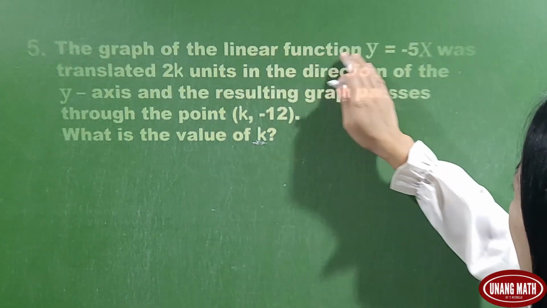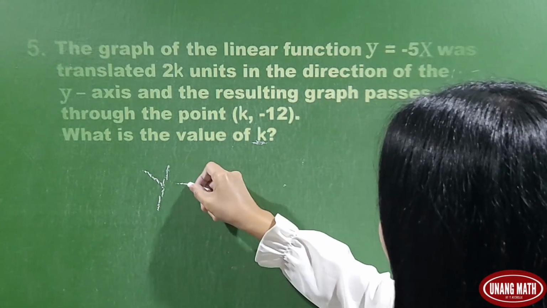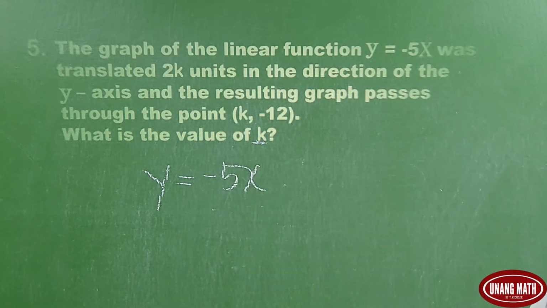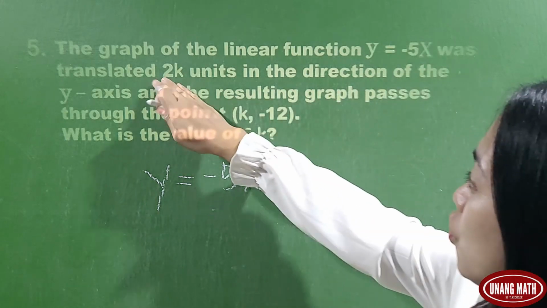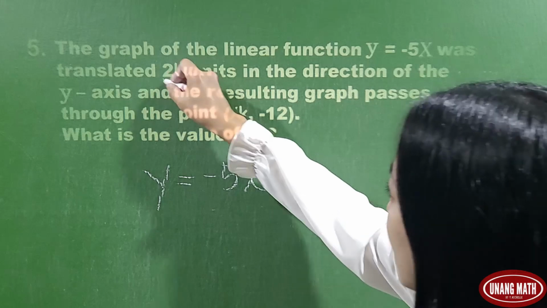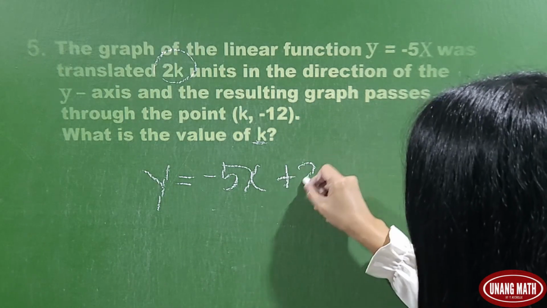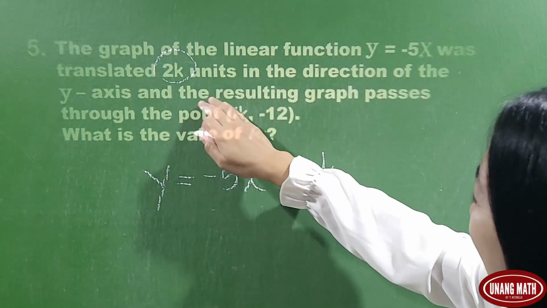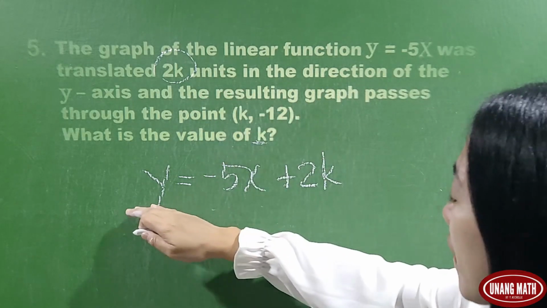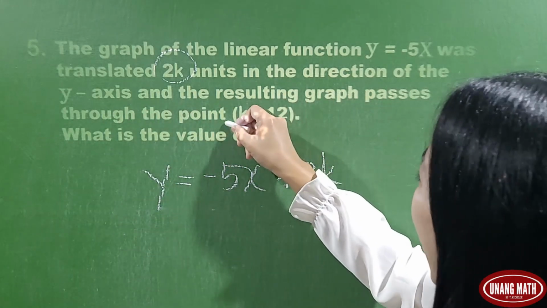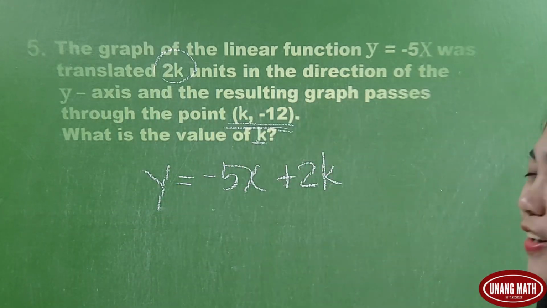We have the linear function y = -5x. This was translated 2k units in the direction of the y-axis, so it means plus 2k. The resulting graph passes through the point (k, -12).